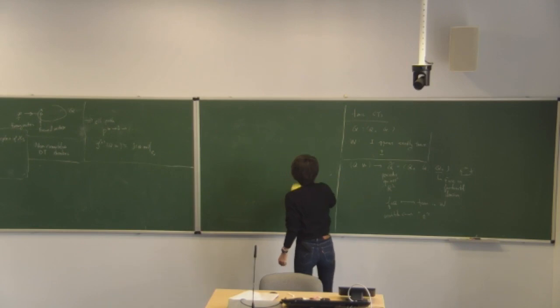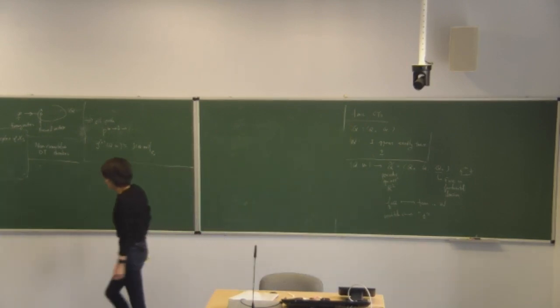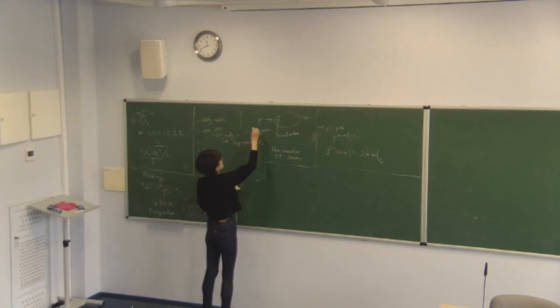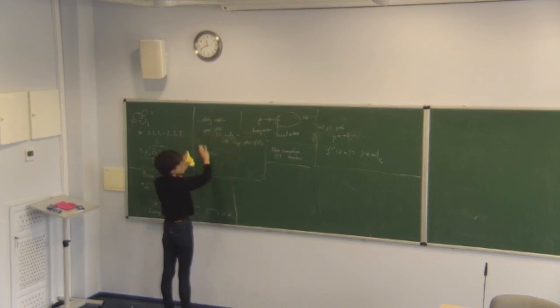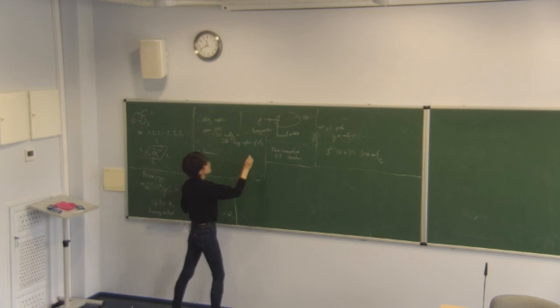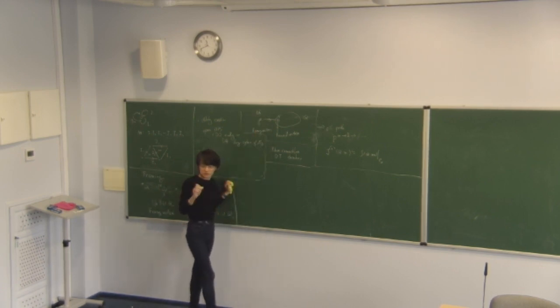Why are you doing this? In some sense, I have to. If you forget about all these additional decorations, at least you have to have one D6 brane to compactify the moduli space, I mean to define the stability condition better.